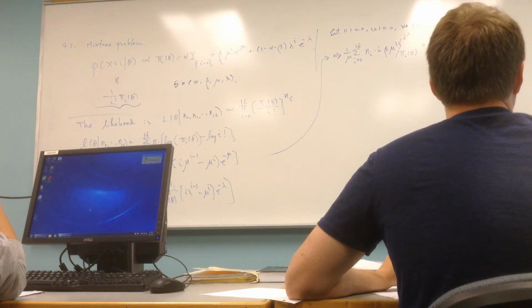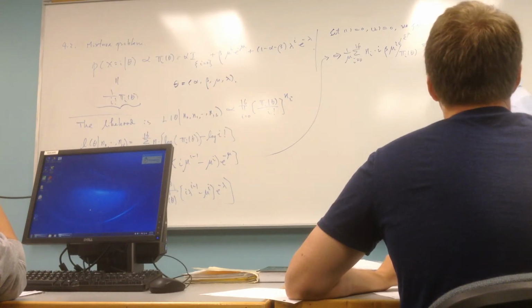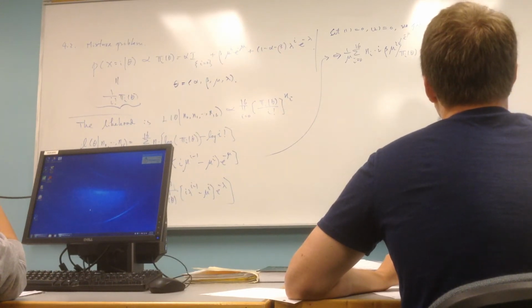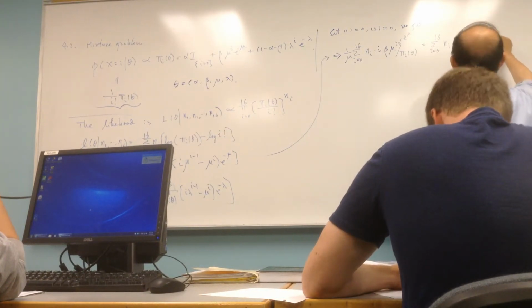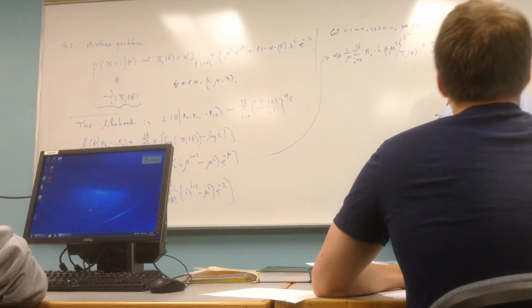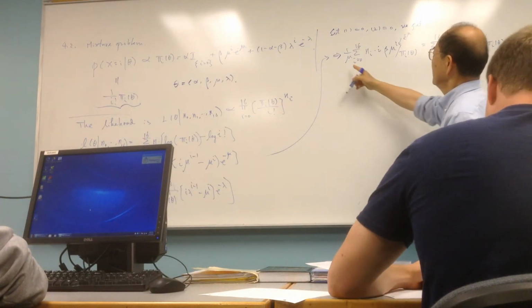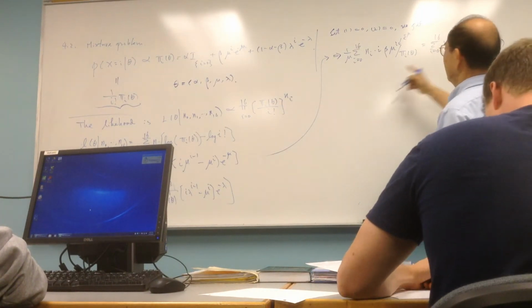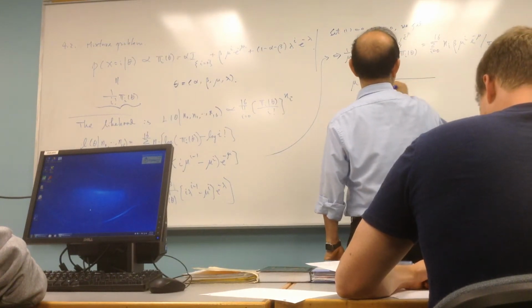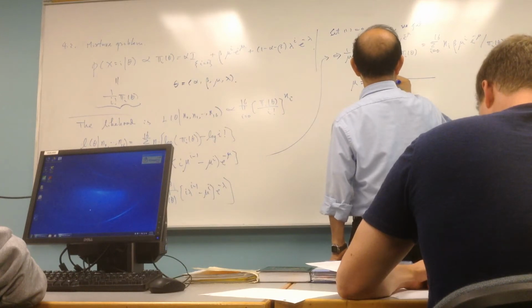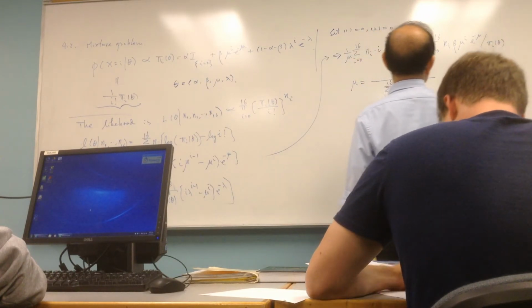We don't want to, because the book wants us to prove something. So then it's divided by pi_i(theta). Now if you multiply mu to this side and divide, what you get is mu equals the summation i equals 0 to 16.